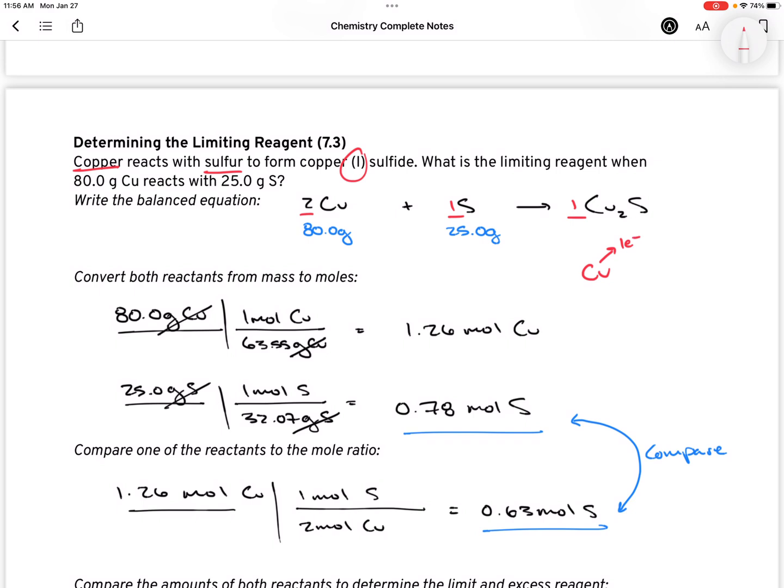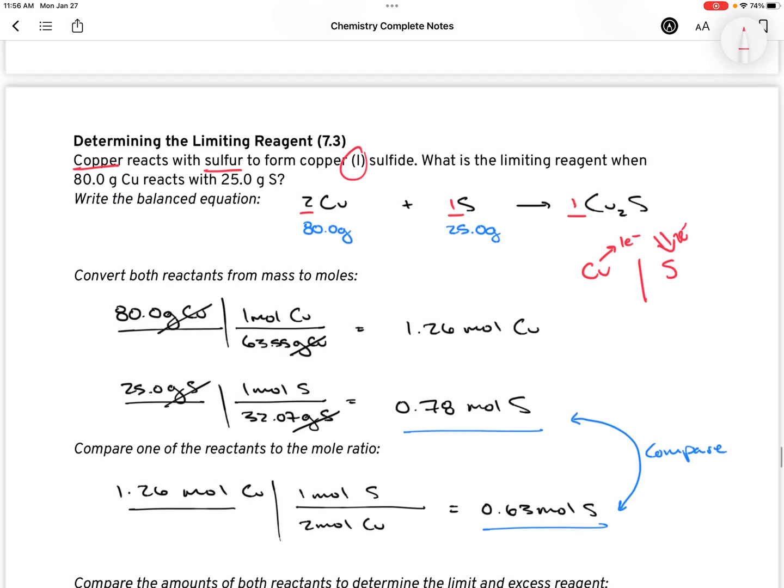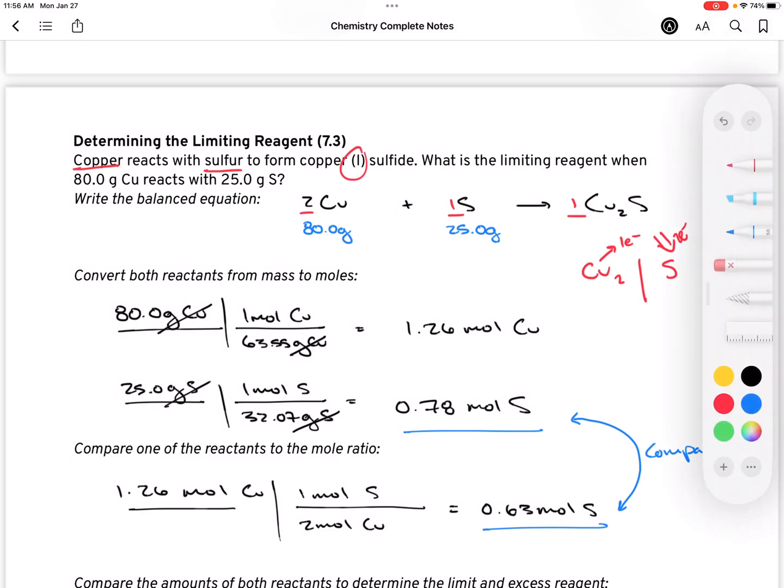Remember the givers and takers? Sulfur wants to take 2 electrons. Is that balanced? No. 1 copper is only giving 1 versus sulfur taking 2, so we need 2 coppers to make this balanced. That's just a review of chapter 3.